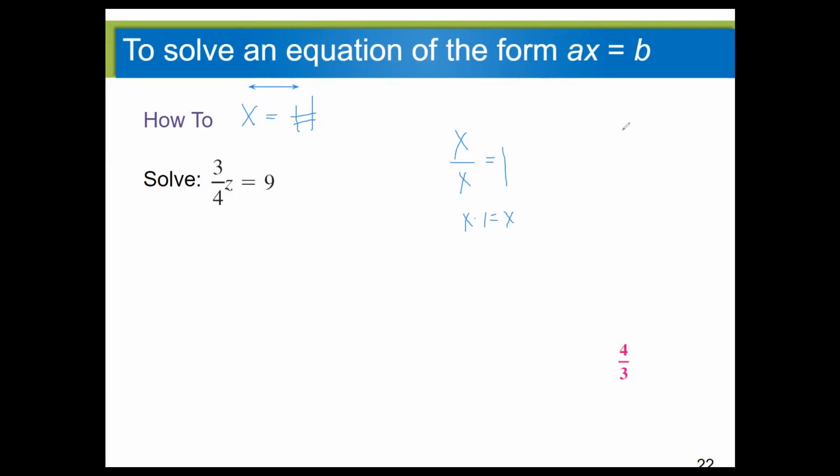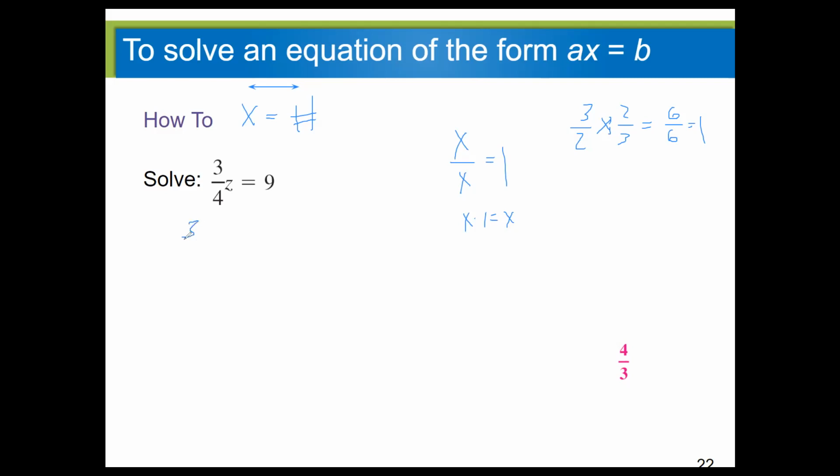Remember that from chapter 2? It was reciprocal. So 3 over 2, its reciprocal is 2 over 3. Because when you multiply those out together, you get the same thing. Multiply straight across, 6 over 6, which equals 1. So you can cancel out fractions by multiplying by the reciprocal.